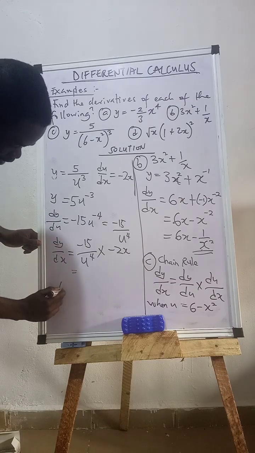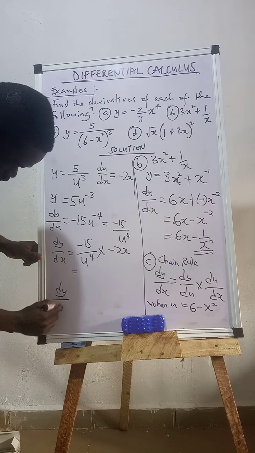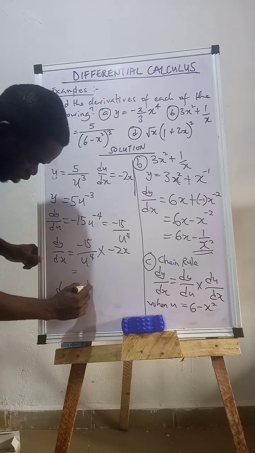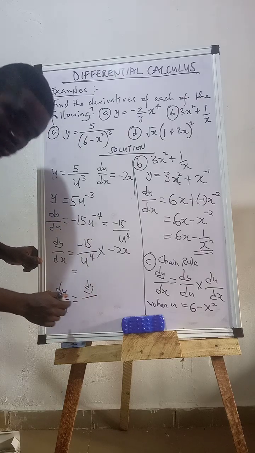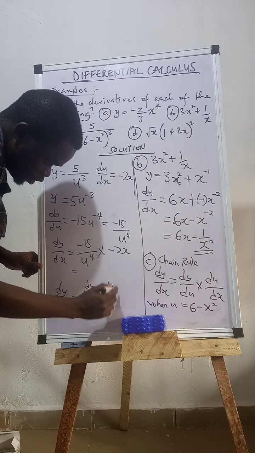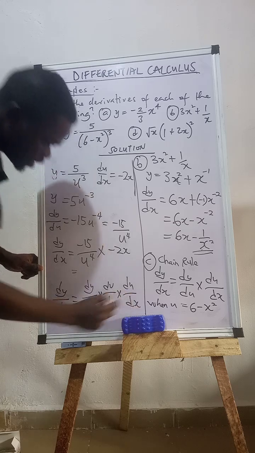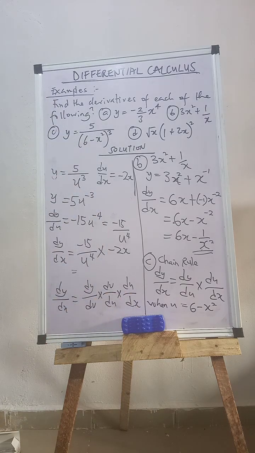What I mean is that if you want to add a v, then dy over dx will be equal to dy over dv times dv over du times du over dx. Are you seeing it?